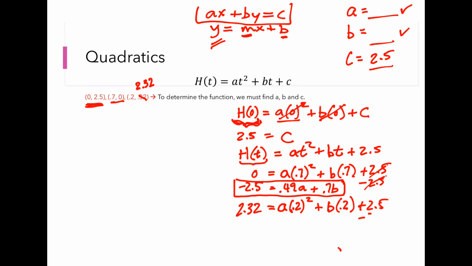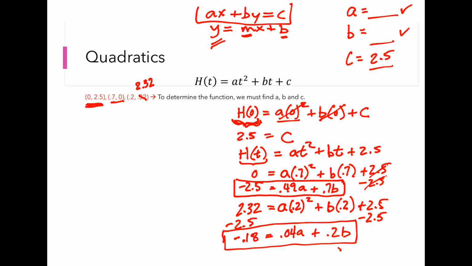And if I subtract 2.5 to the other side, we get negative 0.18 equals 0.04a plus 0.2b, which is another linear equation with a and b on one side, so we put it into standard form. Those represent my two unknowns.